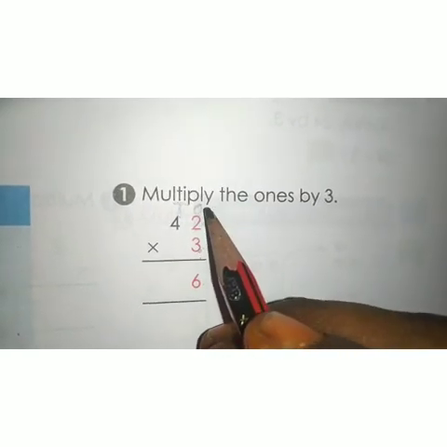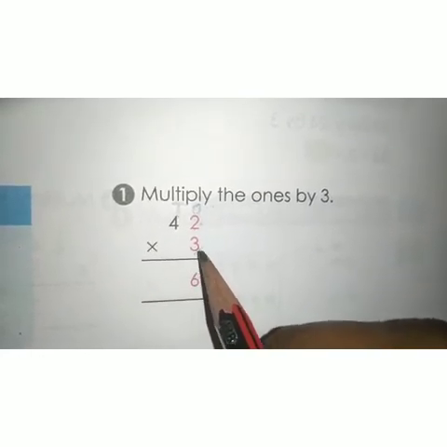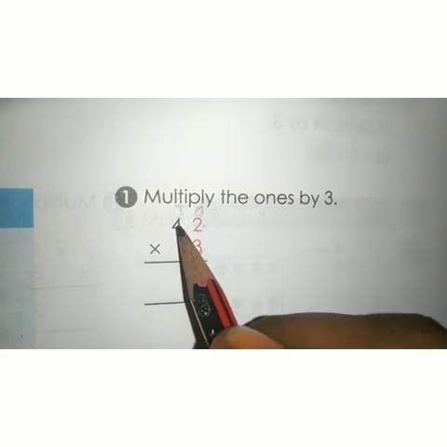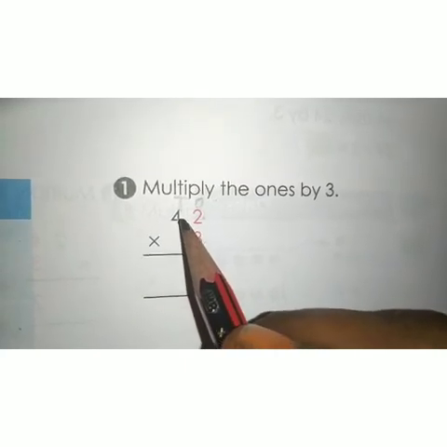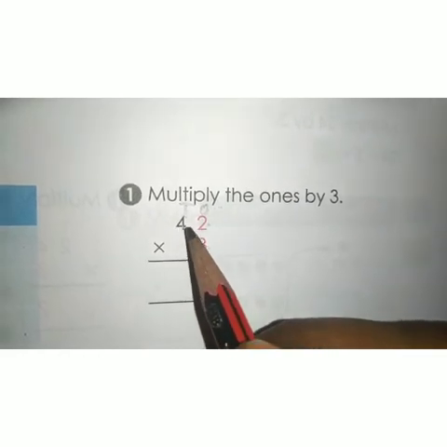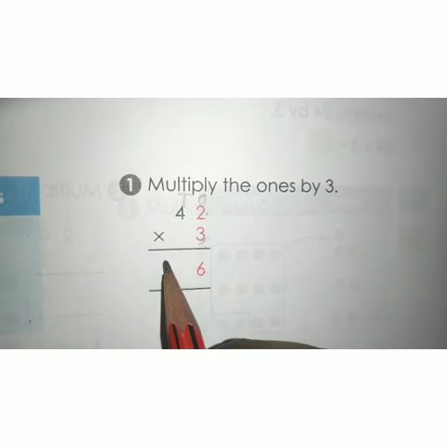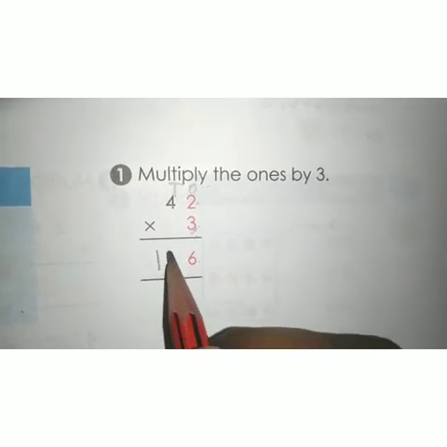Ones place is over. Now go to tens place. Now we have to multiply the single digit number 3 with the tens place value. In tens place 4 is there. So we have to multiply 3 with 4. 3 fours are 12. So we have to write 12 as it is.